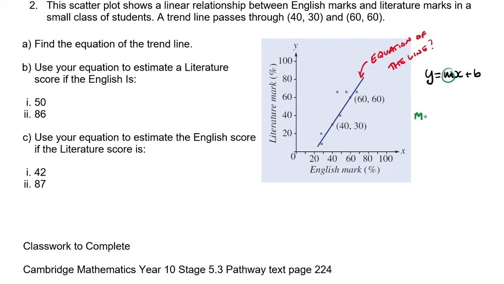Alright, so m equals rise over run. That's our gradient. But algebraically, which is what we should be doing, is the second y value minus the first y value over the second x value minus the first x value. So we should be using this sort of mathematics to get us there.